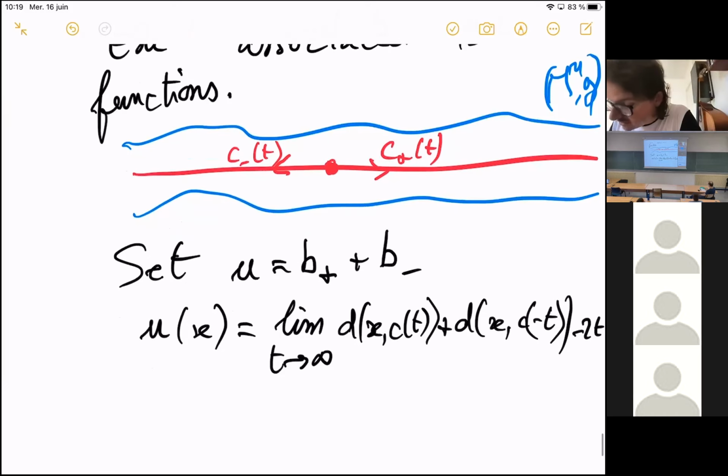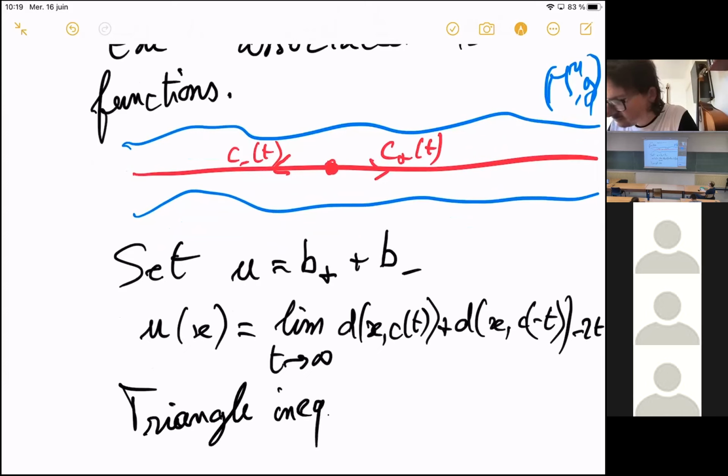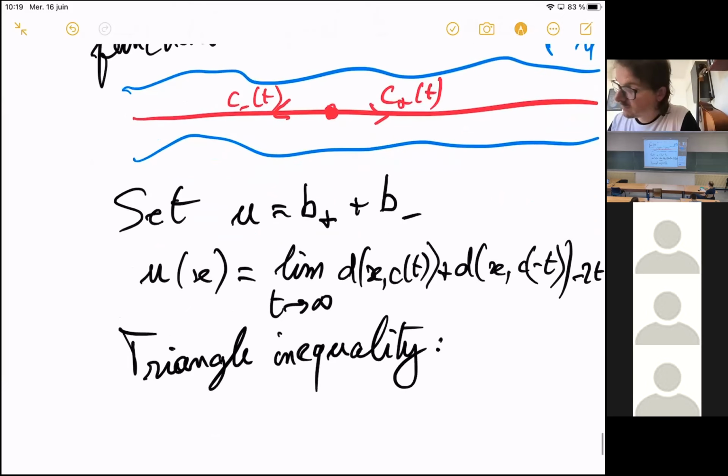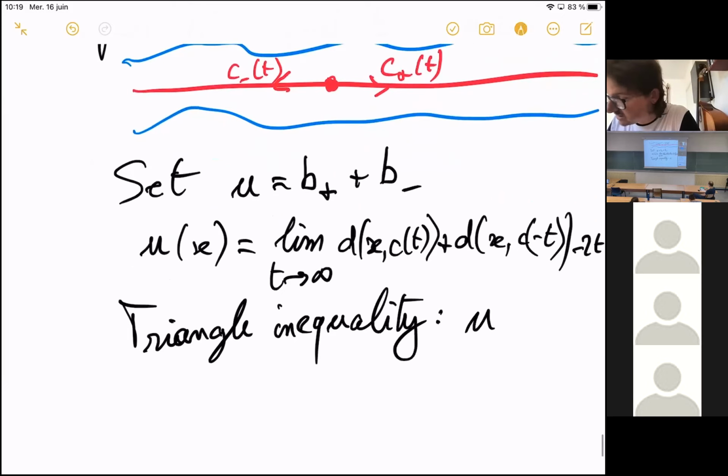By the triangle inequality, we have that u is non-negative.